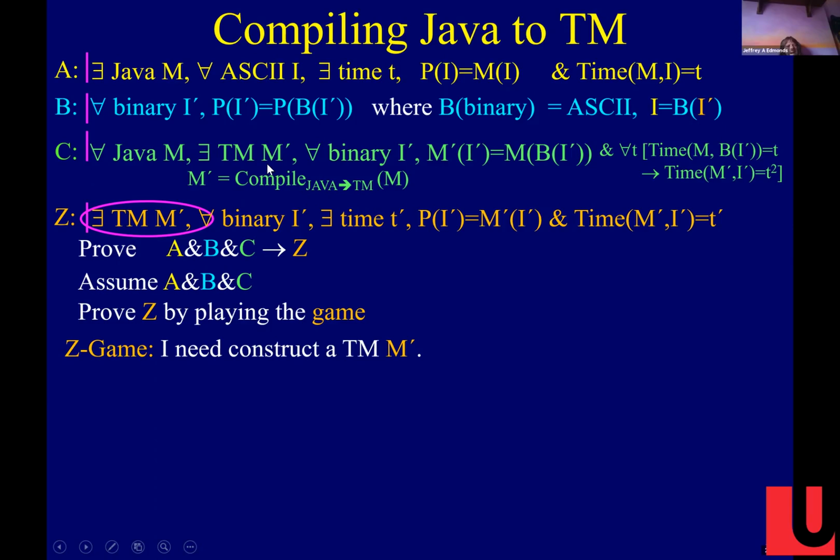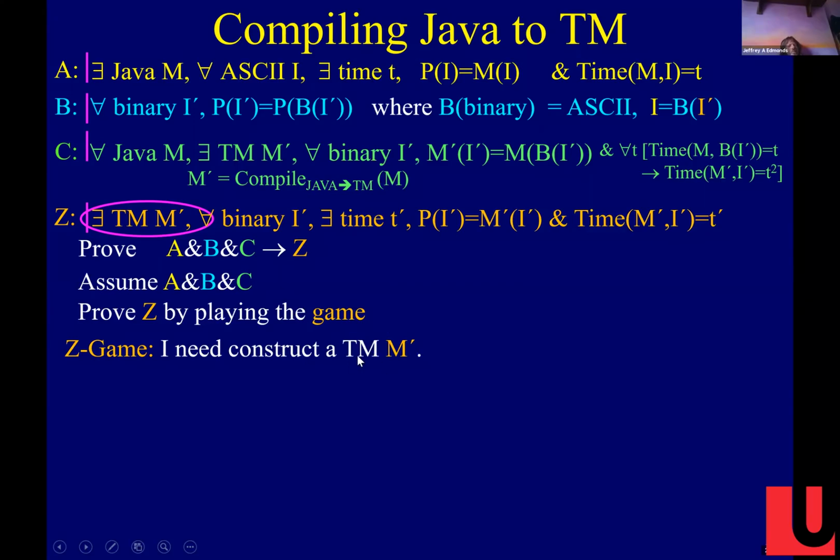Well, oh, this guy, C gives me M's. But in order for C to give me an M, I have to give C a Java program first. Now, where am I going to get a Java program? Oh, A gives me a Java program. So now that's what I think.